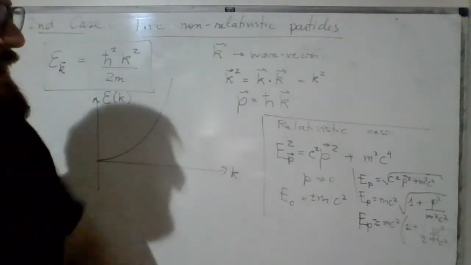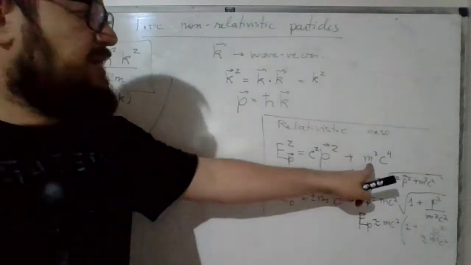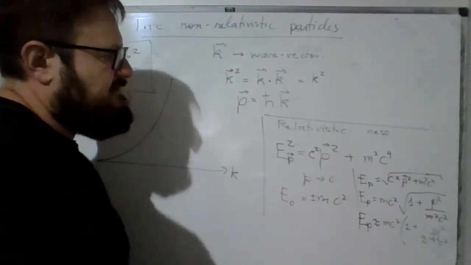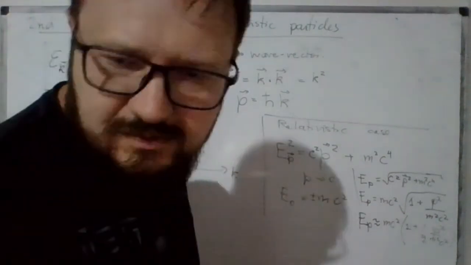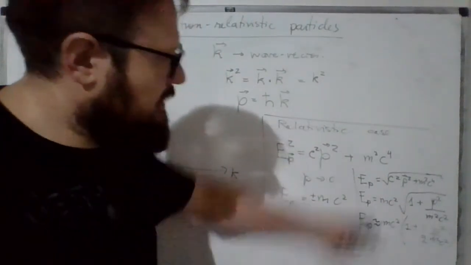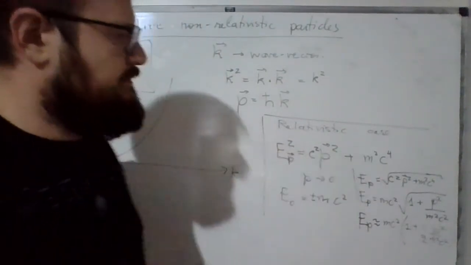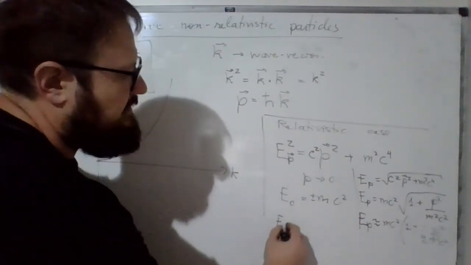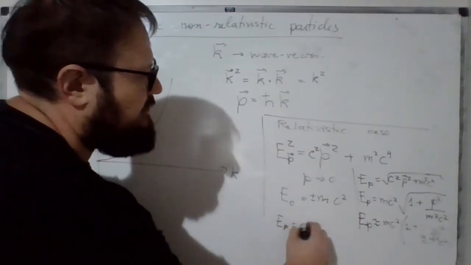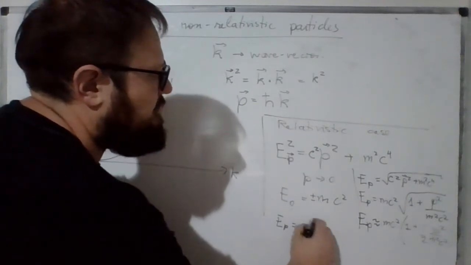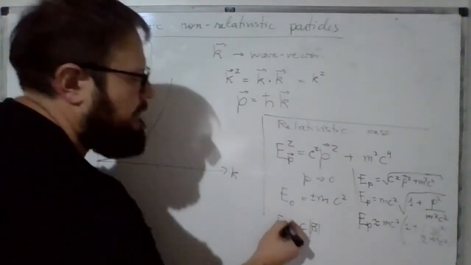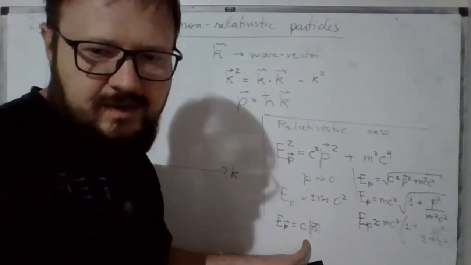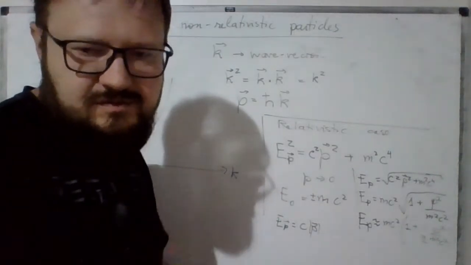Okay, but this is for a massive particle. If you have a massless particle, the mass is zero, and in this case you have a relativistic relation which corresponds to c times the modulus of the momentum, and this is the case of a photon.